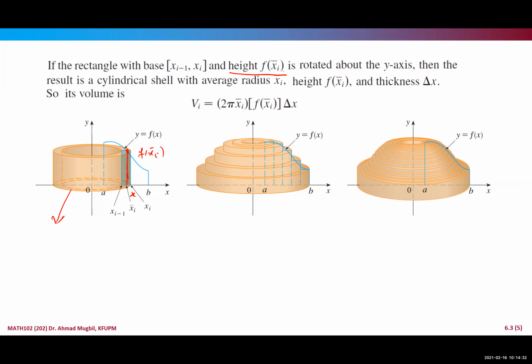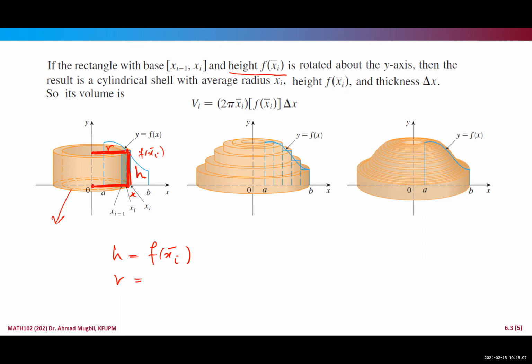Now this is the shell. The center will be the axis of rotation, so the distance from here to here is the radius of the shell, and from here to here is the height of the shell. So this is h, this is r. It is clear, shabab, what h is? h is the height, f of x_i bar. What is the radius here? Who can tell me?